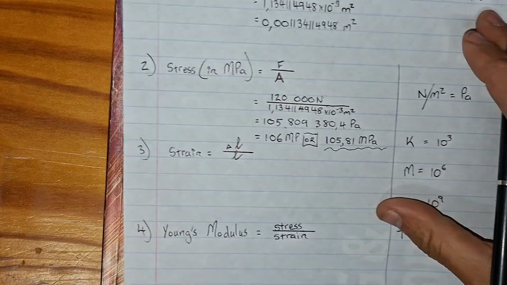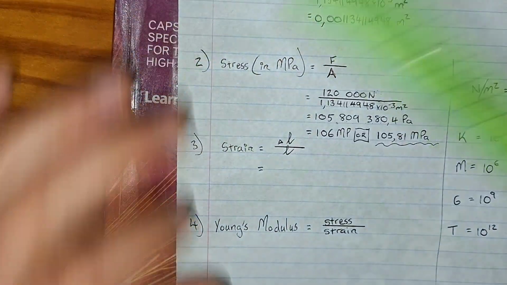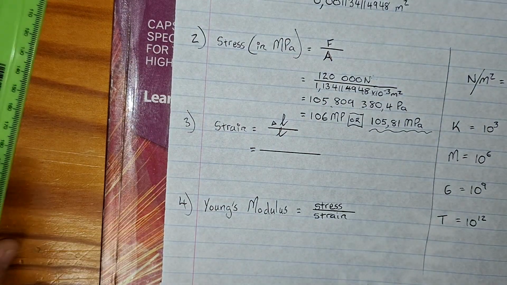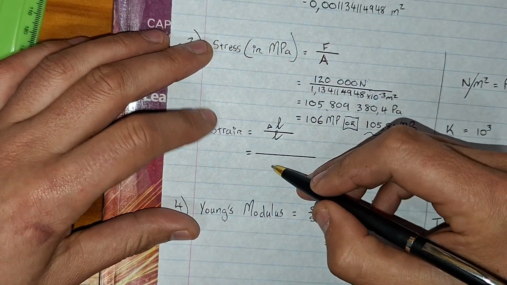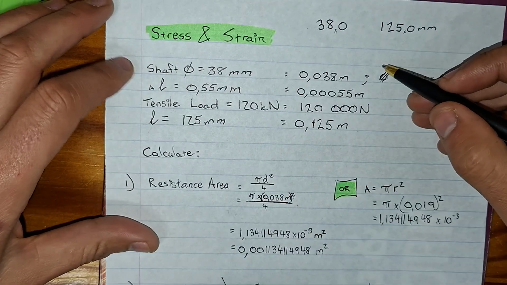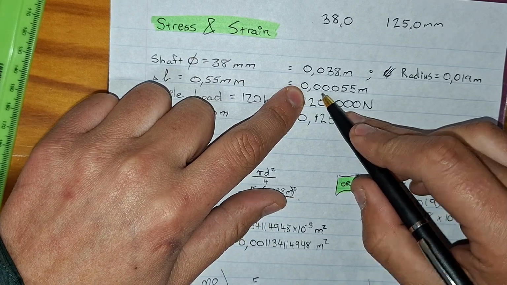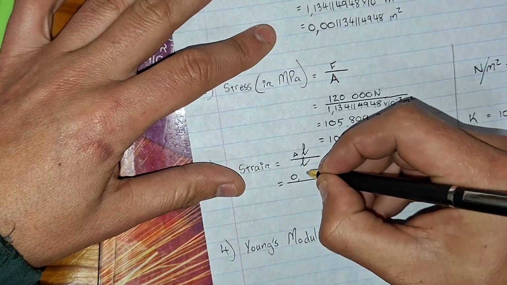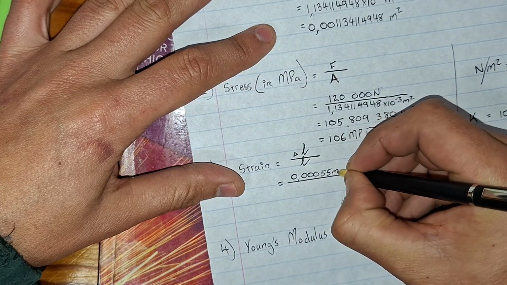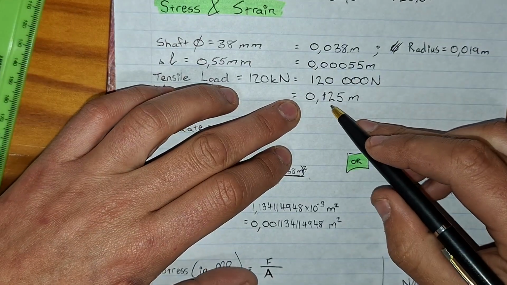Okay, next we have to calculate the strain. Strain, the formula at the back of the question paper says that strain equals to the change in length divided by the length. Okay, so we are going to use change in length, which is this value 0.00055 meters, divided by the original length, which was 0.125 meters.